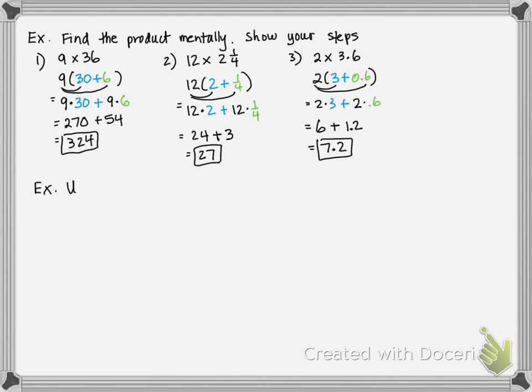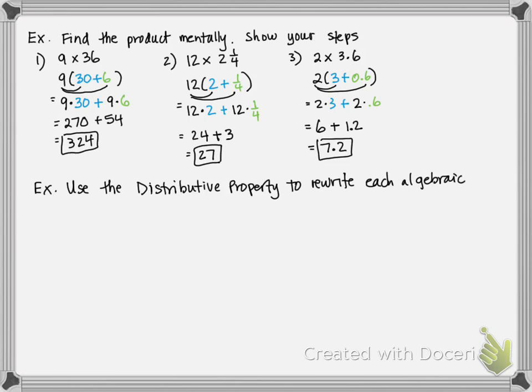So this one, the directions they're going to say, use the distributive property to rewrite each algebraic expression. Okay, so this is what it looks like. We're going to have 3 times the quantity x plus 1.